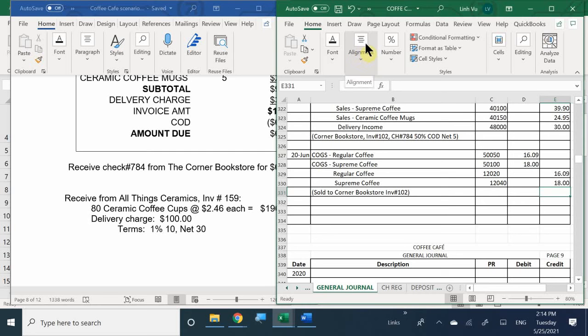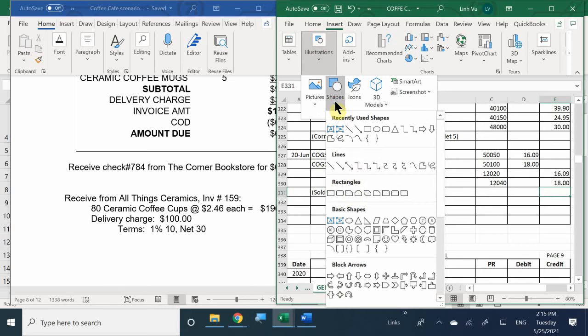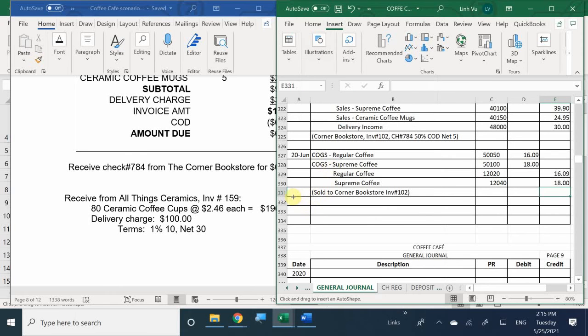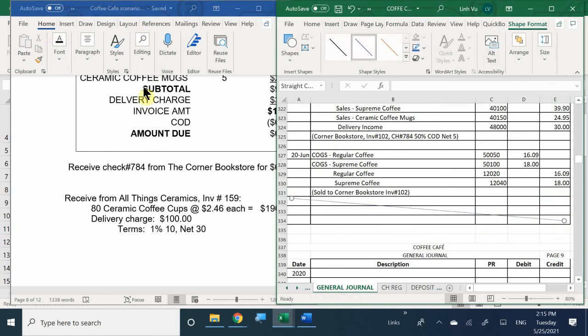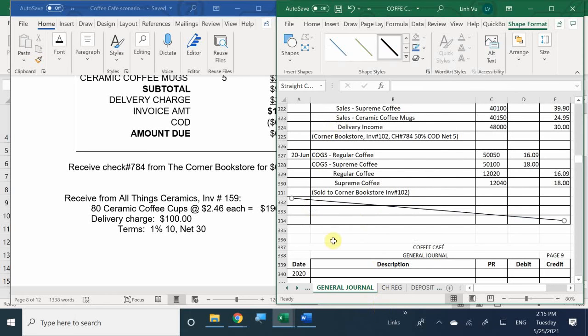I'm going to do it for consistency, because I want to make sure I follow my own rules. So I am going to draw a line between here and here. It's up to you, once again, because this is for practice purposes only. But there we have it.